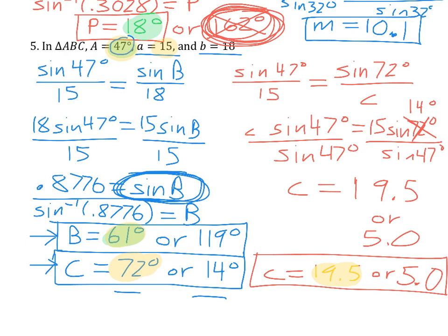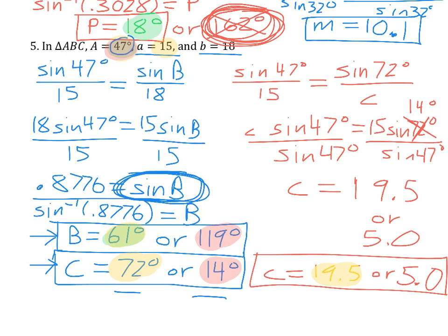Now let's check our second set of answers. So for our second set of answers, we still have 47 degrees. We have 119 and we have 14. So in this case, angle C is the smallest and angle B is the largest.